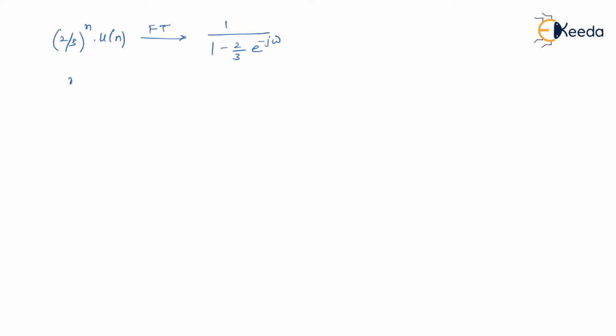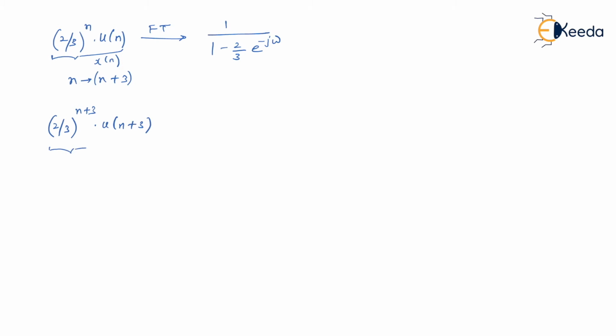So now replace n with n plus 3. In a way, since I recognize this signal as x of n, now it will become x of n plus 3. So it will become 2 by 3 to the power n plus 3 times u of n plus 3.